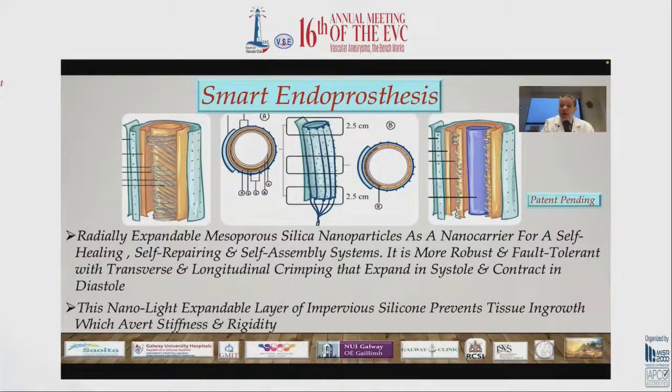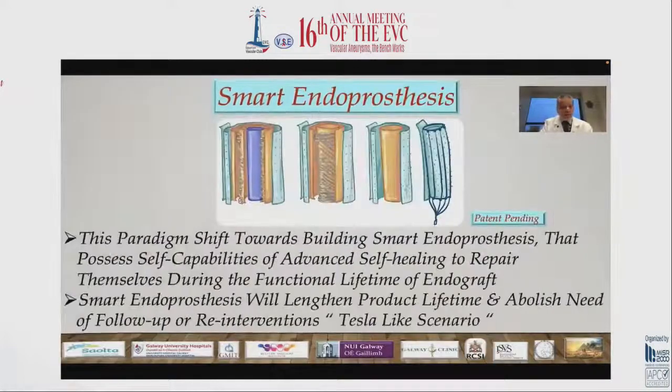It is more robust and fault tolerant, with transverse and longitudinal crimping that expand in systole and contract in diastole. This nanolite expandable layer of impervious silicone prevents tissue ingrowth, which averts stiffness and rigidity.